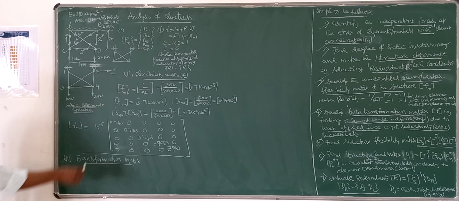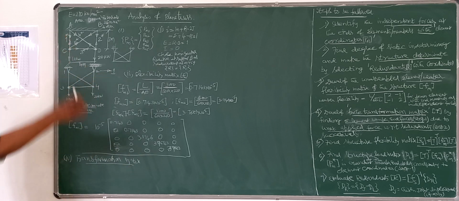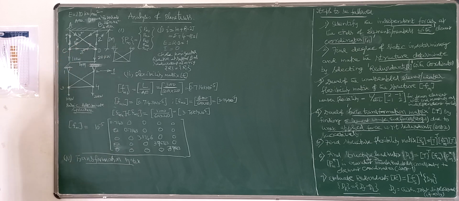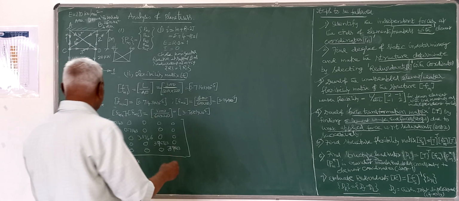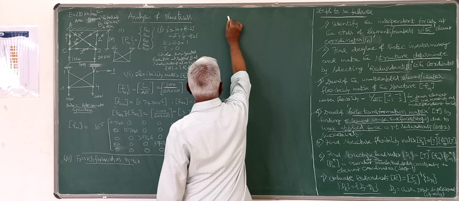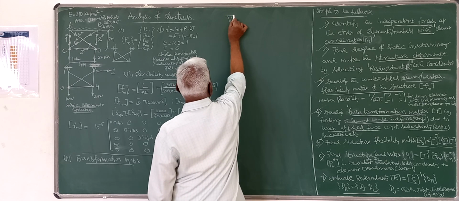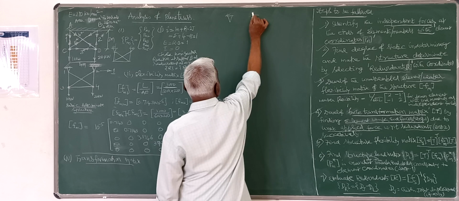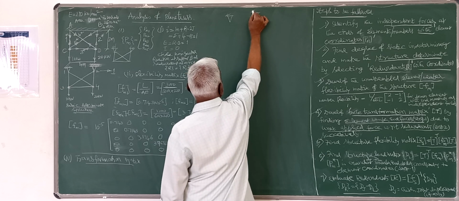Because there is only one redundant, the transformation matrix consists of only one column and 5 rows, corresponding to each of the 5 elements. That we will do now. First we will take the basic determinate structure. So here it is a hinge, here it is a roller.